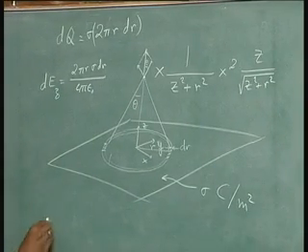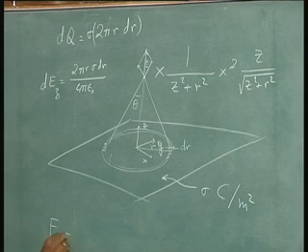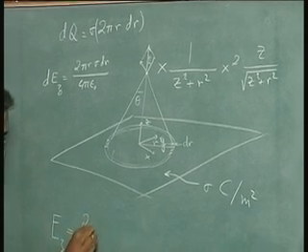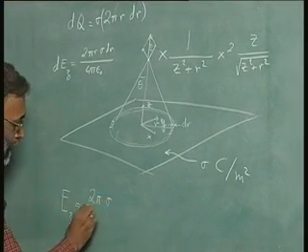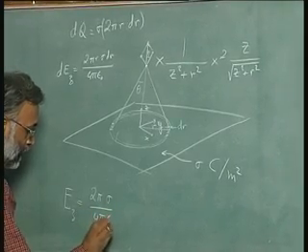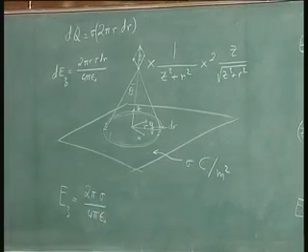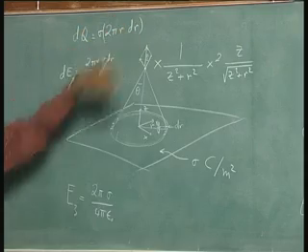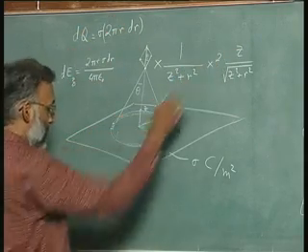So, the total electric field becomes 2 pi sigma divided by 4 pi epsilon naught. The r dr will go inside. This factor of z will come out.